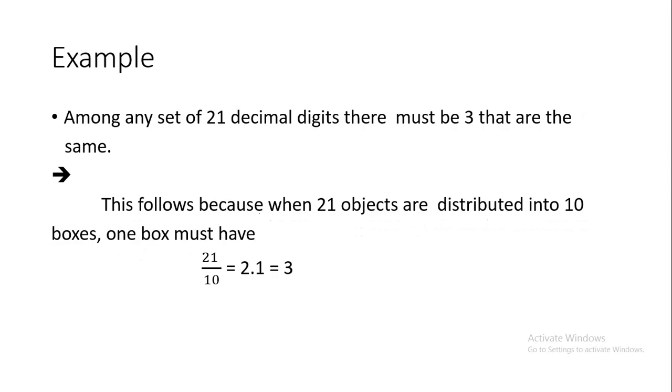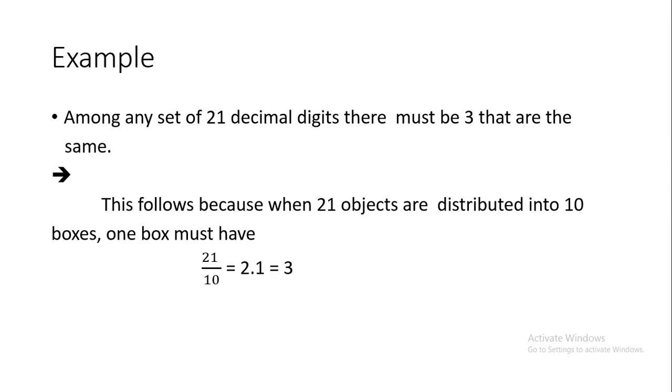Next example. Among any set of 21 decimal digits, there must be 3 that are the same. How can we solve this problem? It is solved by using the generalized pigeonhole principle. How? This follows because 21 objects are distributed into 10 boxes.